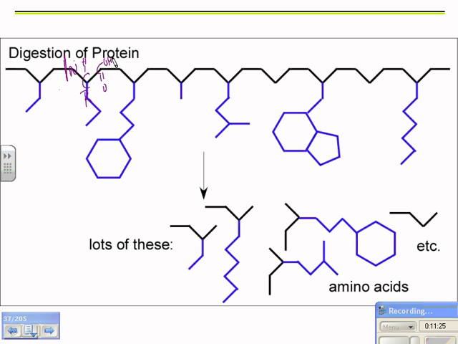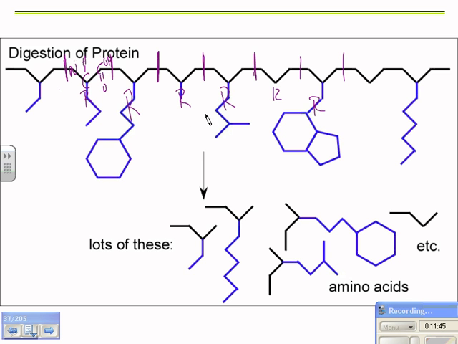So here's an amino acid, and here's another, and another, and another. They differ in their R groups. That R group is different from that R group, which is different from that R group. And this R group is just H, so that's different. Every time I draw a line, that's a different amino acid.